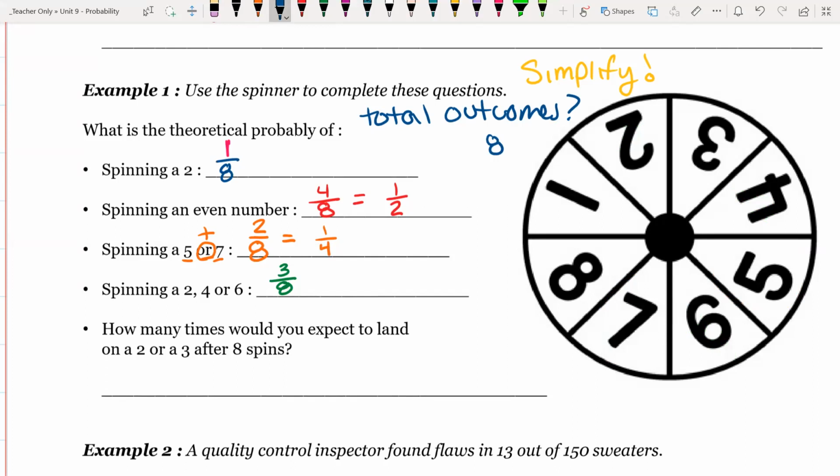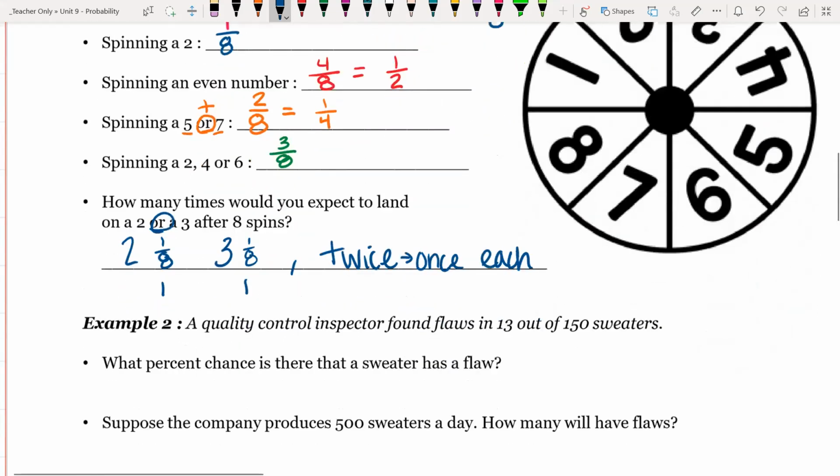A 2 is 1/8. What about a 3? A 3 is also 1/8. So if I spin 8 times, how many times do you think I'll land on each? I'd land on each 1 time. Since it says or, I combine those, so I should land on them twice, or once each. Hopefully that made sense.